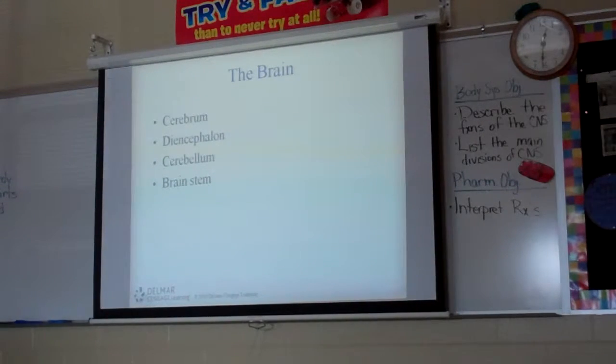But a way to remember cerebrum has a BR, and think about that's the actual brain. The diencephalon we'll talk about. It has two things that make it up, and you can remember that because of di. Di means what? Two. The cerebellum is a little bell-like.